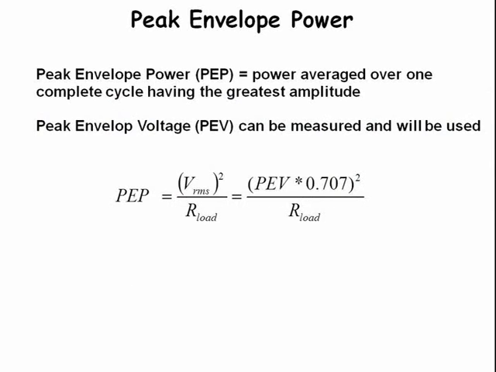As we said, peak envelope power, PEP, equals power averaged over one complete cycle having the greatest amplitude. Peak envelope power equals RMS voltage squared divided by the load resistance, which equals peak envelope voltage times 0.707 quantity squared divided by load resistance.